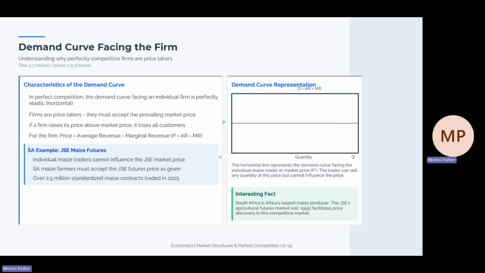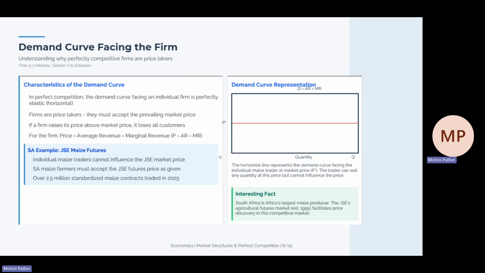So the demand curve facing these firms. This helps us understand why all of these firms in this perfectly competitive market are price takers. So, in a perfectly competitive market, the demand curve facing an individual firm is perfectly horizontally elastic. Okay, so what does that mean?